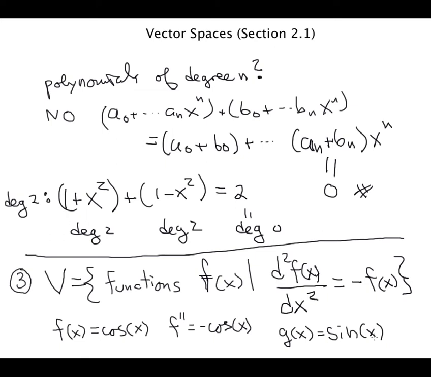Now, can you think of any other functions which satisfy this? Well, I claim that this thing is a vector space, so if that's true, you should be able to add these two functions. Let's take capital F to be, for example, cosine x plus sine of x.